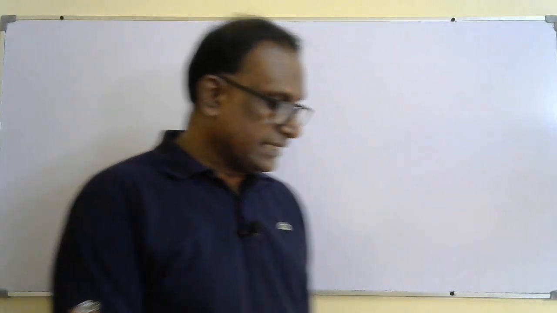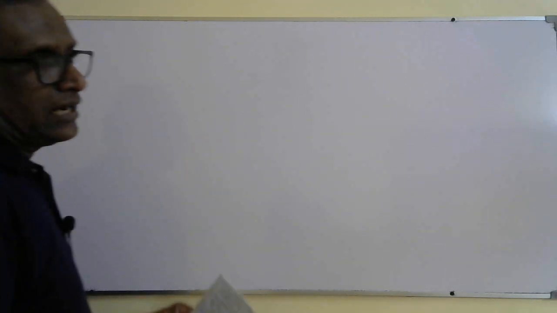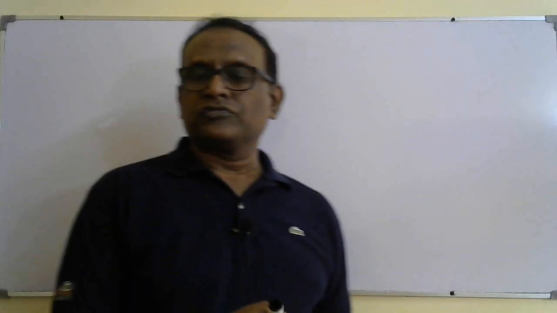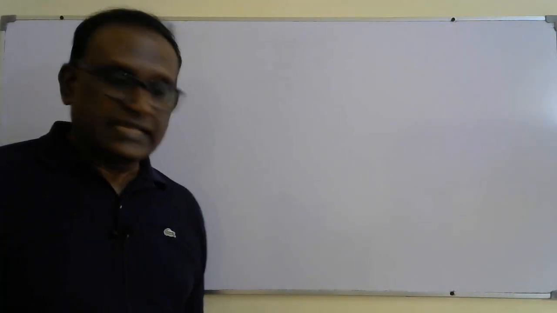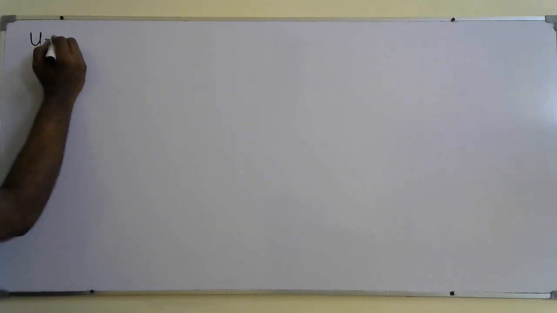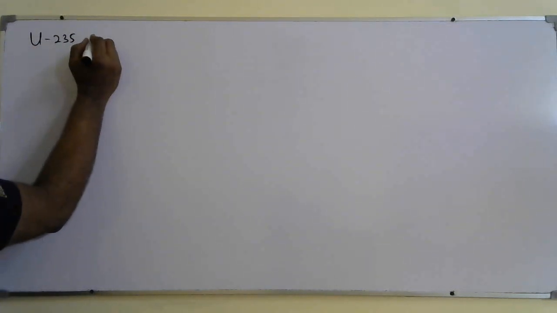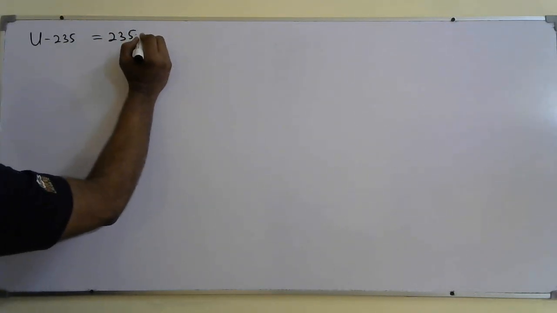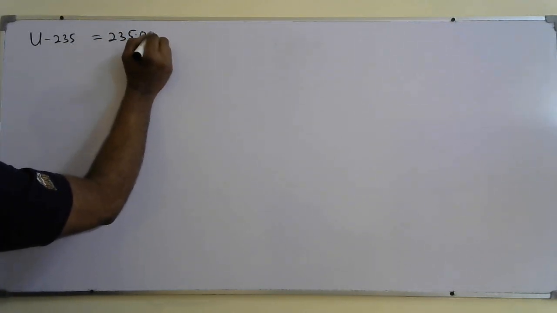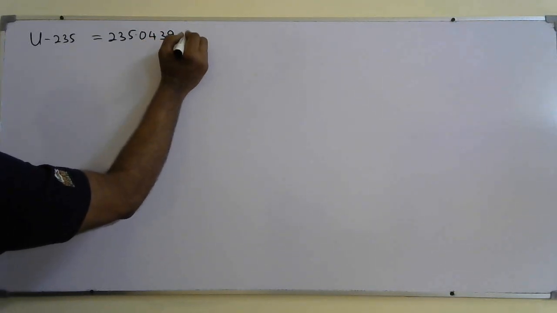So when we consider uranium, compared to the mass of uranium, the mass of the neutron is negligible. We already calculated the energy release. We know the mass of uranium U-235, that is 235.0439 unified atomic mass unit.